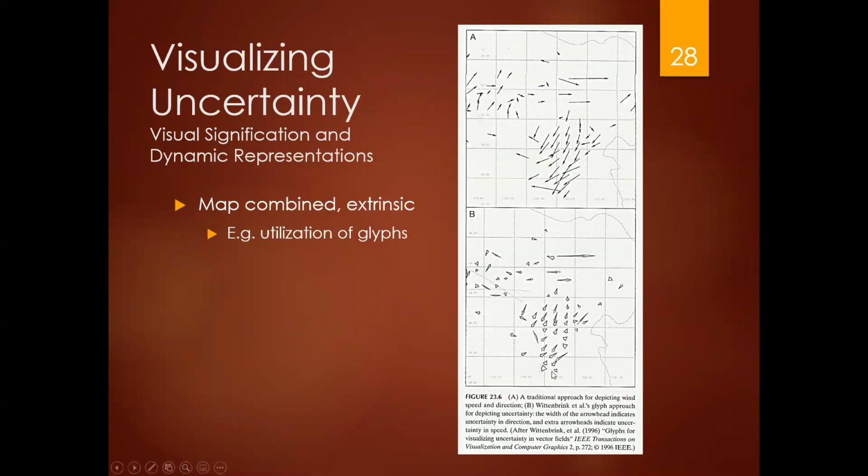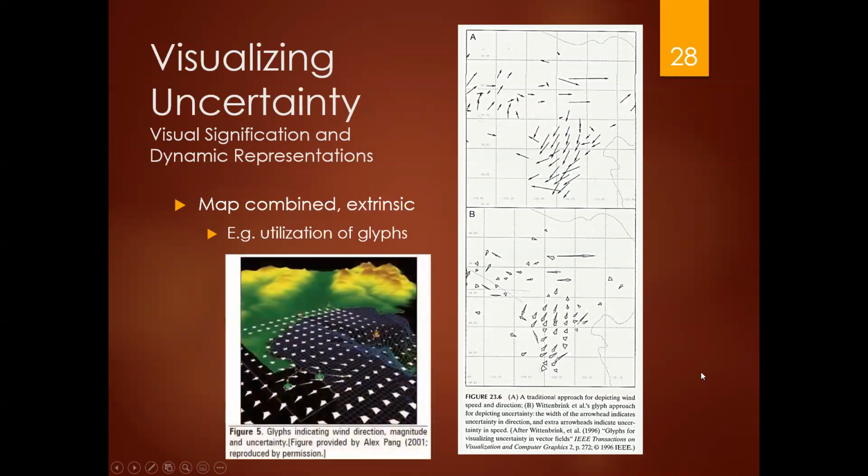Okay, and the weight of each arrow is related to the uncertainty. The weight of the arrowhead indicates uncertainty in direction, and extra arrowheads indicate uncertainty in speed. Okay, and here is a 3D visualization for the same topic.